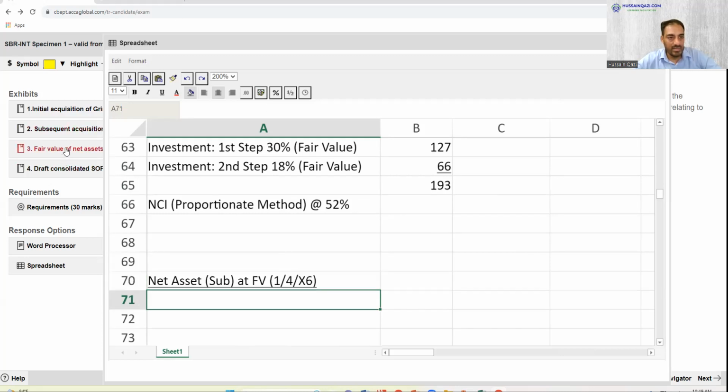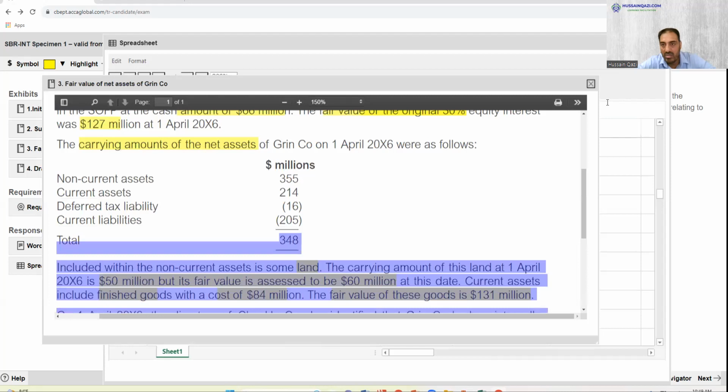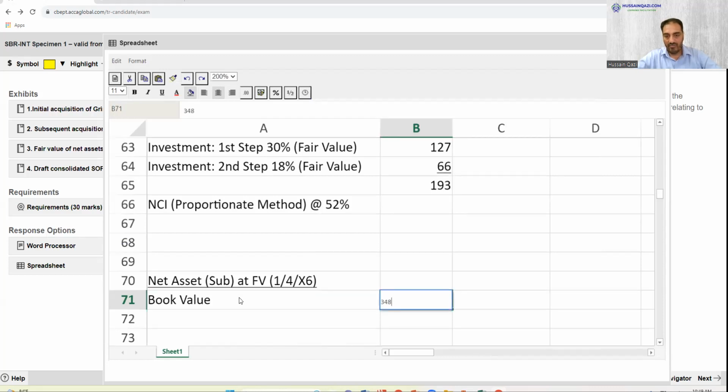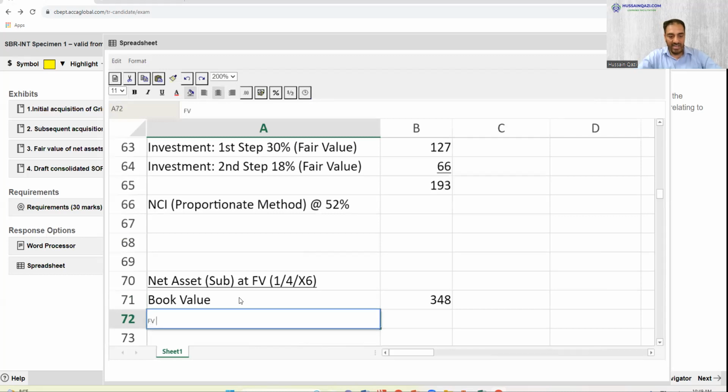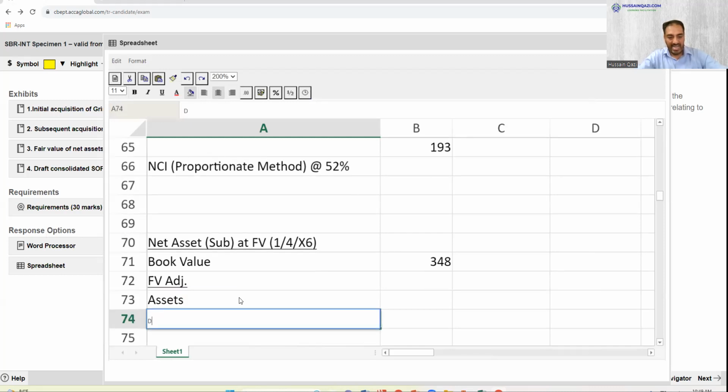Number 1, the carrying amount of net assets, Exhibit 3, the book value, 348. Then fair value adjustments: assets and deferred tax liability.